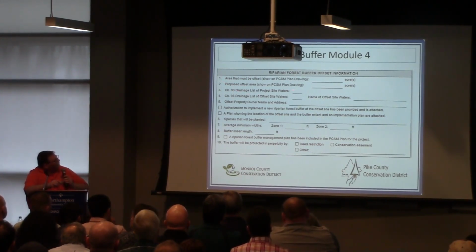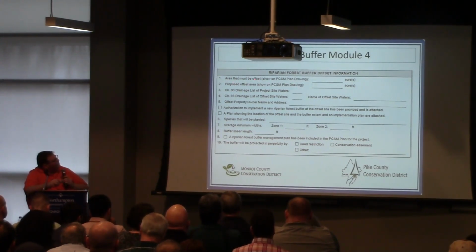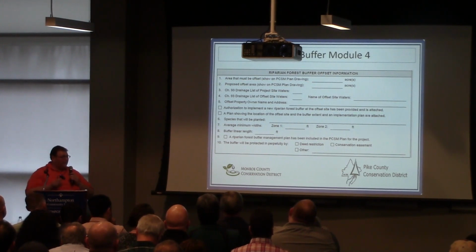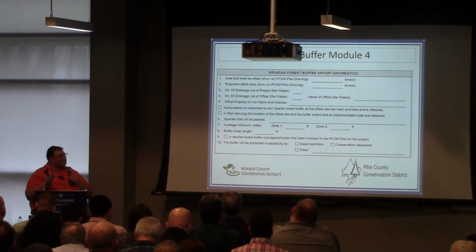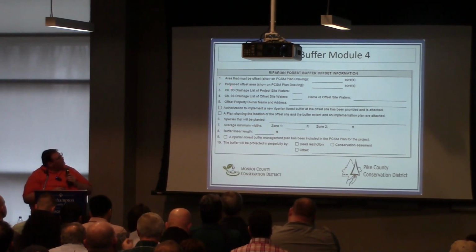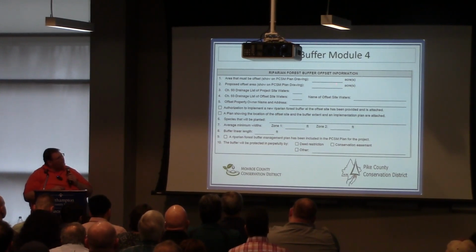So we're going to go through and identify, you're going to add up all your disturbances. Now, this is all of your disturbance, whether it's within that first 50 feet or within that first 150 feet. Or it's all the disturbance within the buffer. And then you propose an offsite area. These have to at least match.